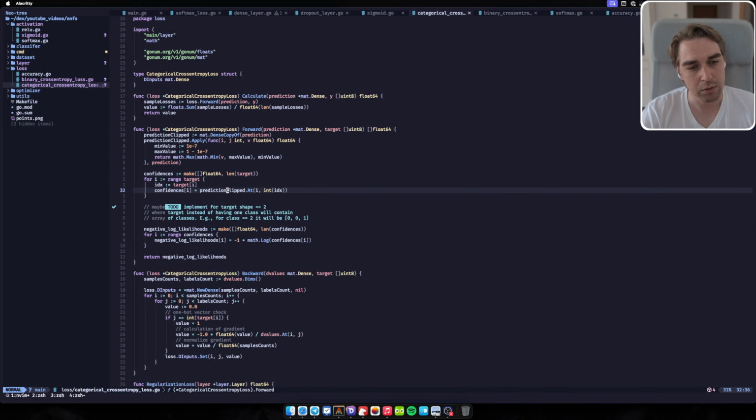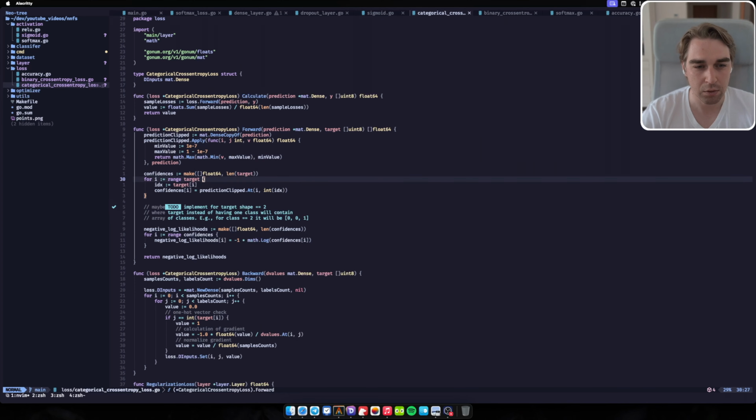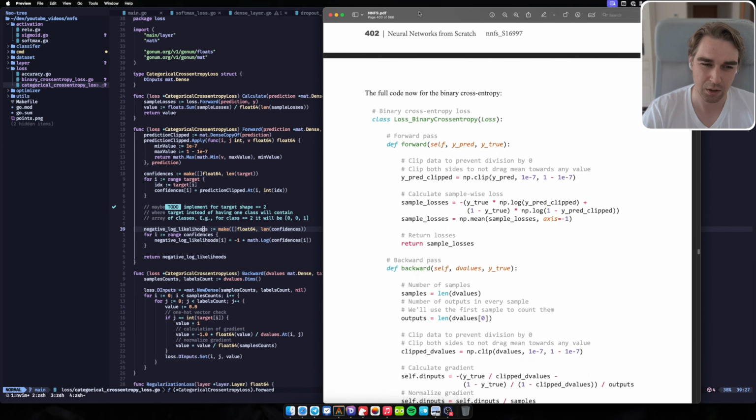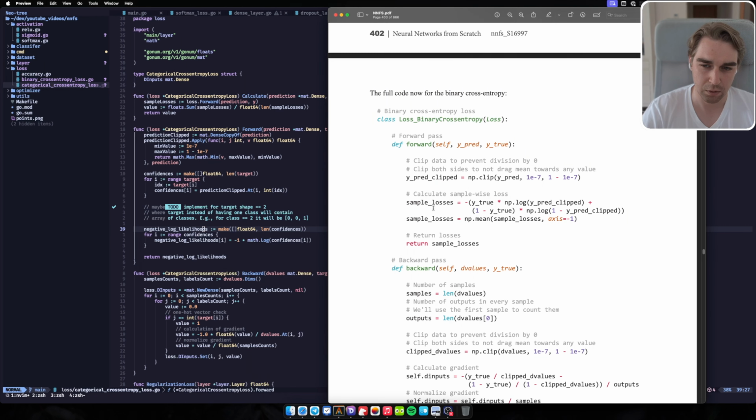Okay, so we're actually using it, and then we pick, yeah, I remember this. We're going through the targets. So the prediction is two-dimensional, and then we convert it into the confidences as a one-dimensional array that contains only probabilities against the correct class. And then we calculate the negative likelihoods, which is kind of the same, a little bit different.